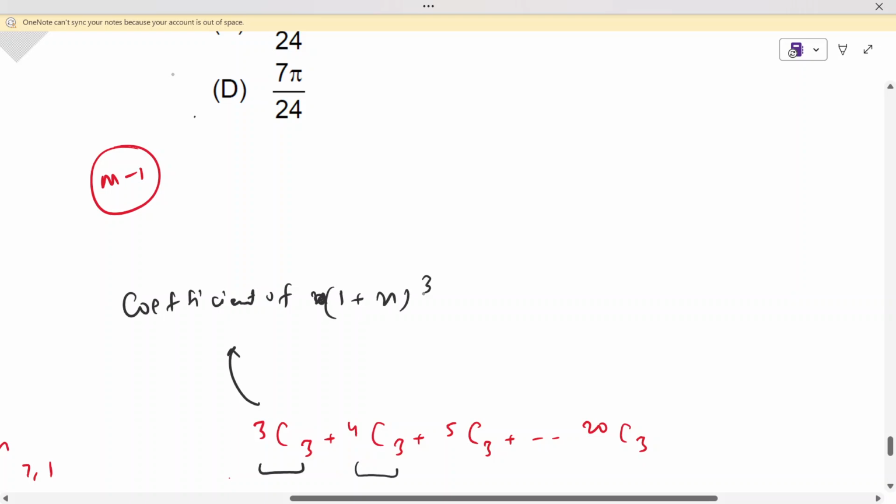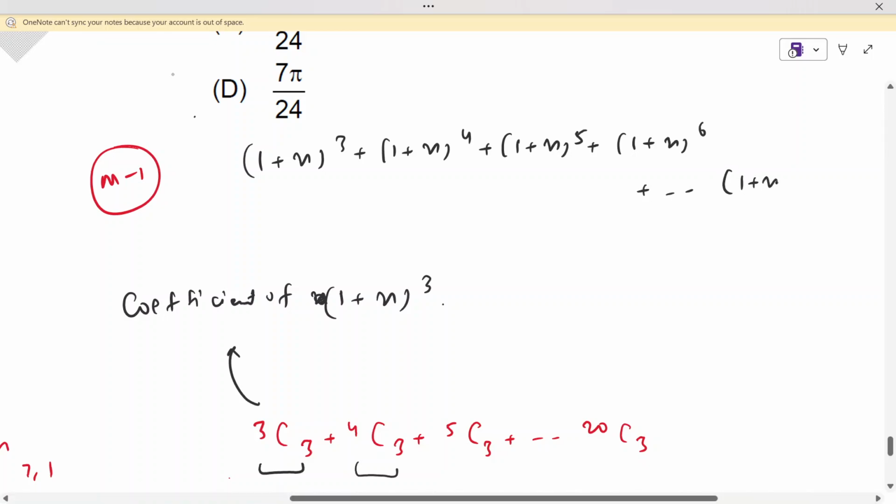And similarly, all the things are the same. So I will simply write (1 plus x) cubed plus (1 plus x) to the power 4 plus (1 plus x) to the power 5 plus (1 plus x) to the power 6, up to (1 plus x) to the power 20. Overall, I have to find the coefficient of x cube in this particular thing, right?